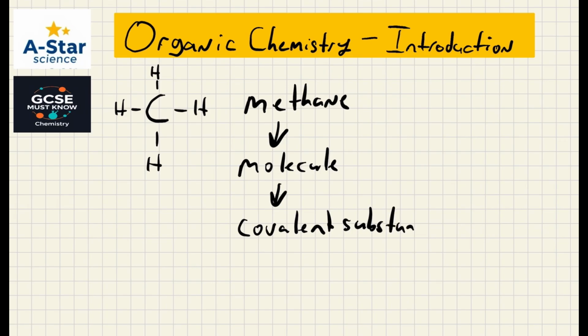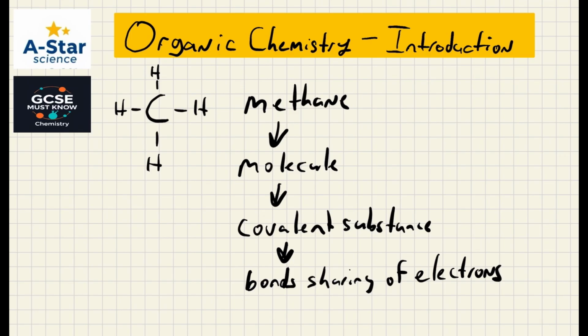We say that because the bonds are made of sharing of electrons. And that's different than ionic substances, where electrons are lost or gained. So this is a covalent substance because the bonds, those little lines in between the carbon and the hydrogen, are made up of 2 electrons that are being shared.